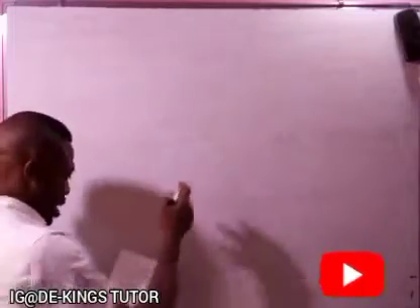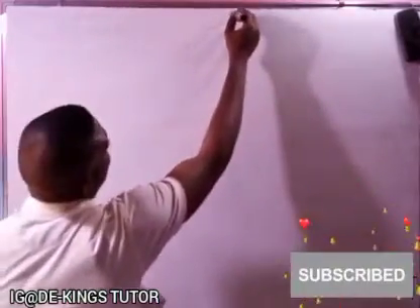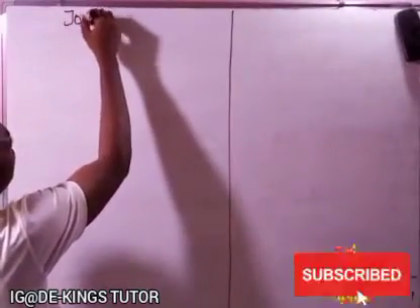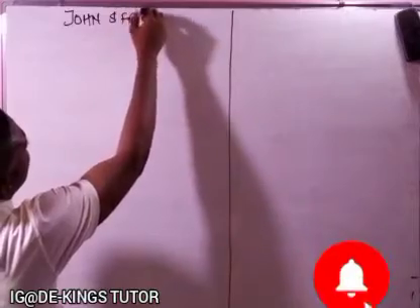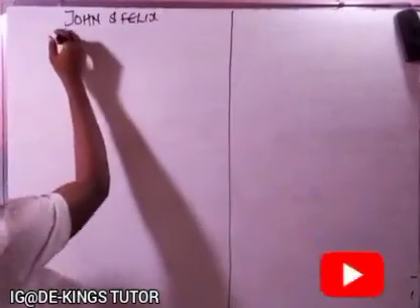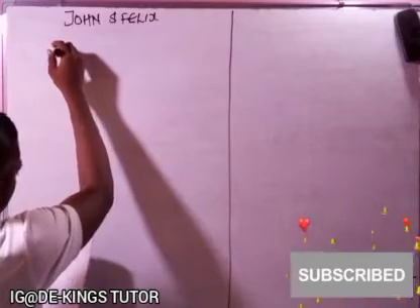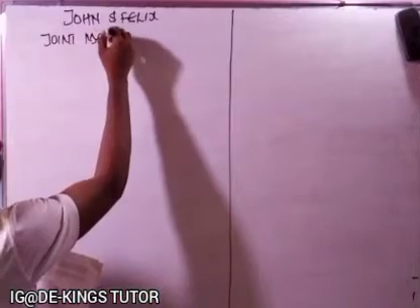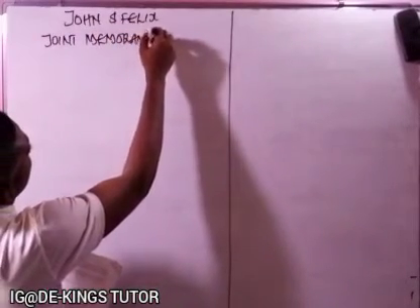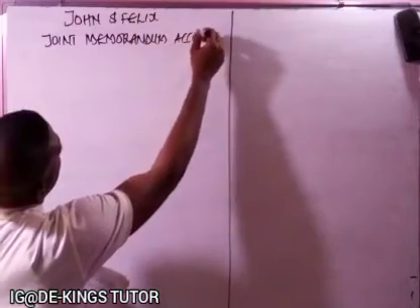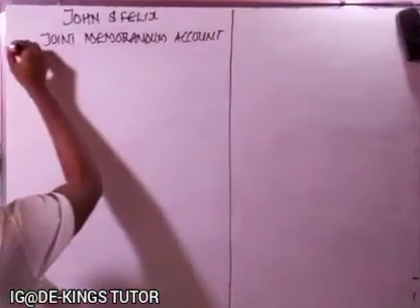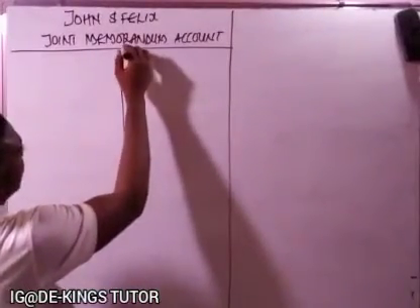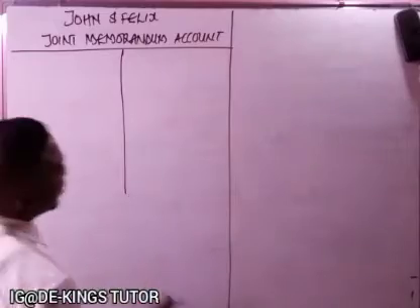So this account will be prepared on behalf of John and Felix. So let's have our joint memorandum account. We have the joint memorandum account.